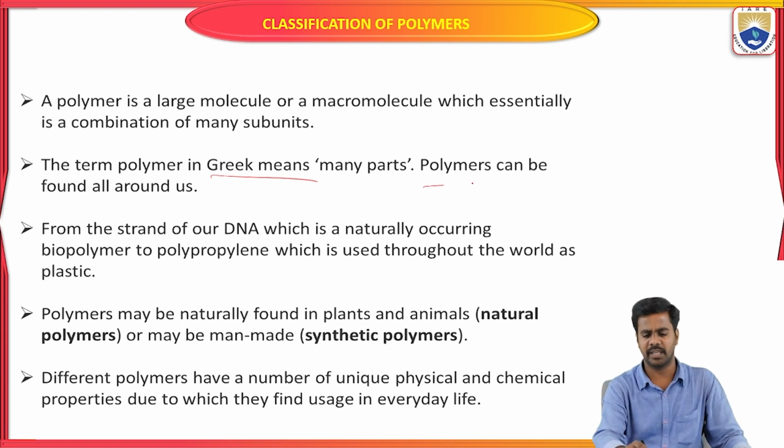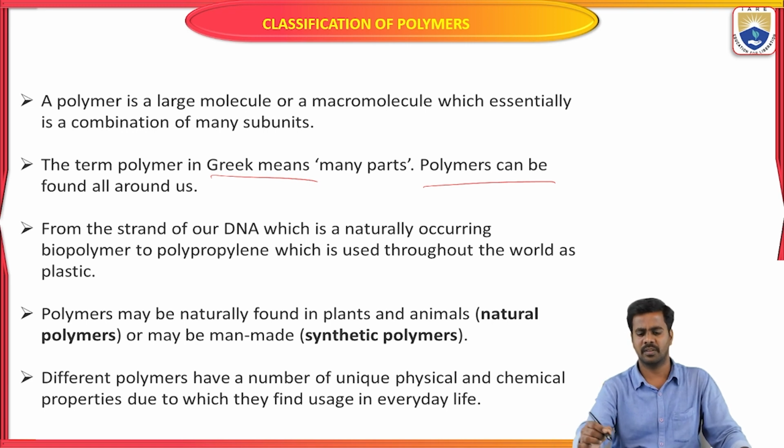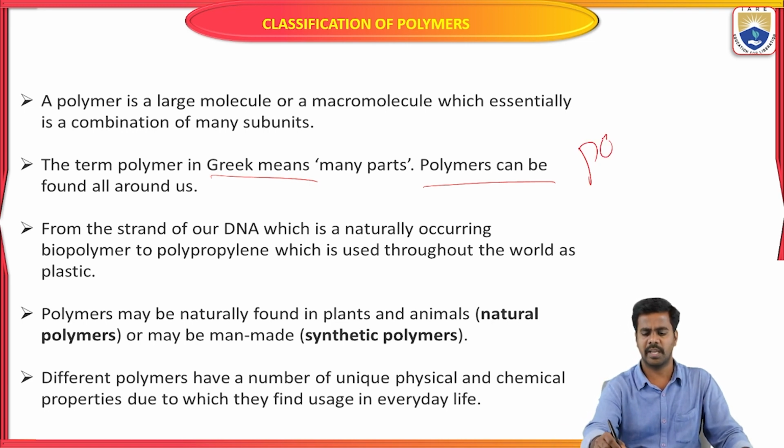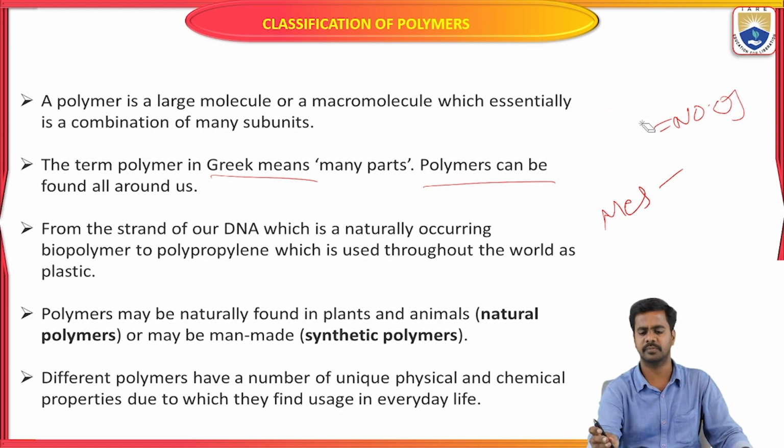Poly means number of, and mer means repeating units. So a number of repeating units joined together form a macromolecule that is known as a polymer.